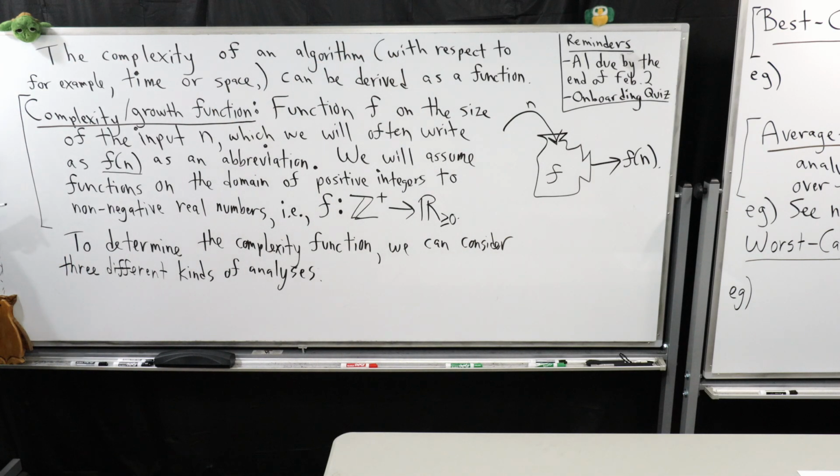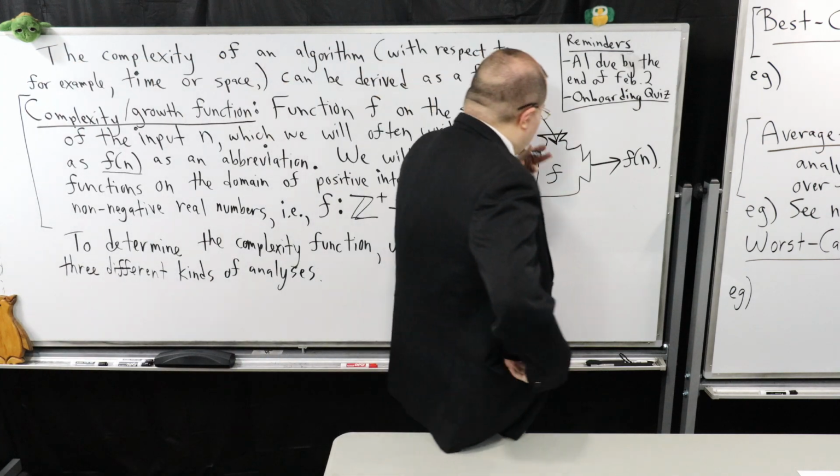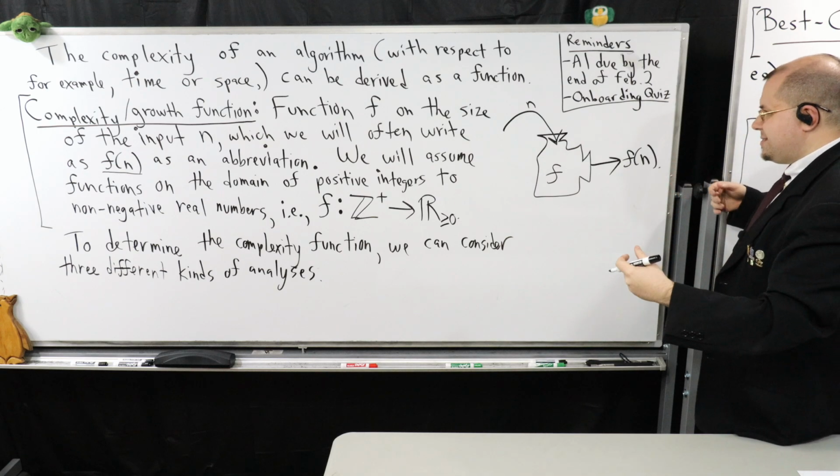Yes, exactly. So this is what we're going to use to measure the complexity. What you might ask is, okay, so what does this function look like? What we're going to assume in this course is this is just a function, just like what you know from the dreaded M word, the mayonnaise.